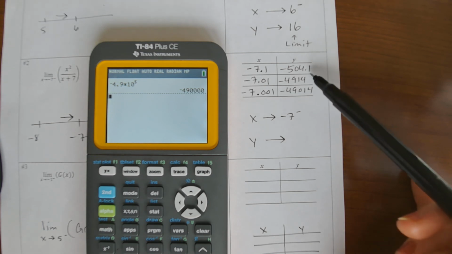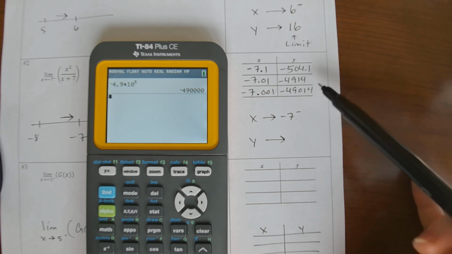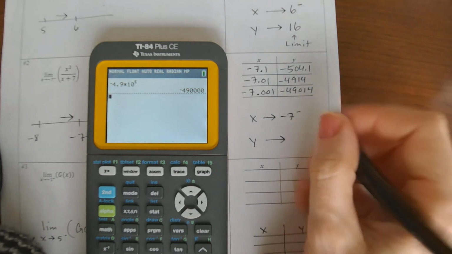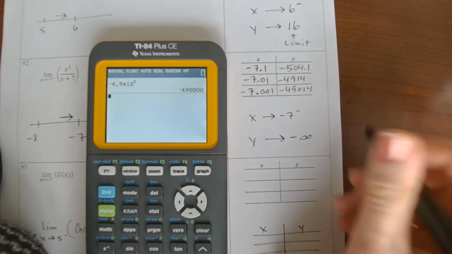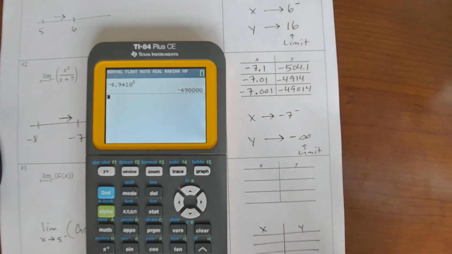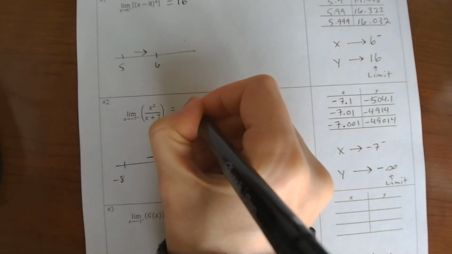These y's are getting more and more negative. So what y is approaching in this case is negative infinity. Negative infinity means we just keep going and going in a negative direction. So in this case, the limit is negative infinity.